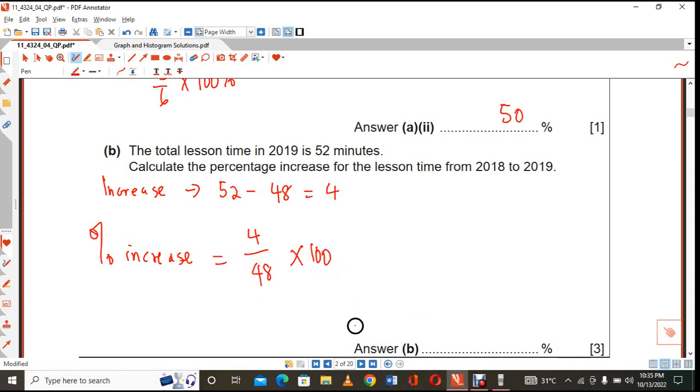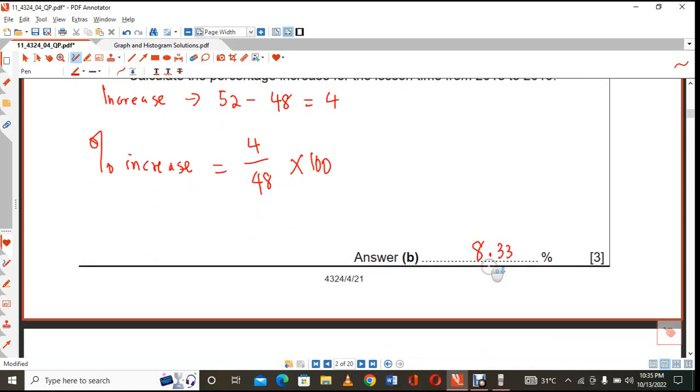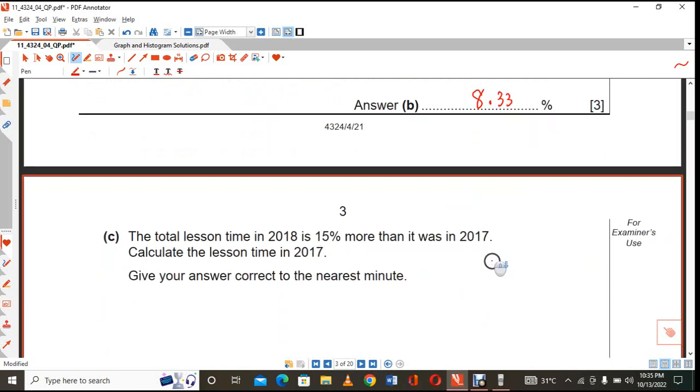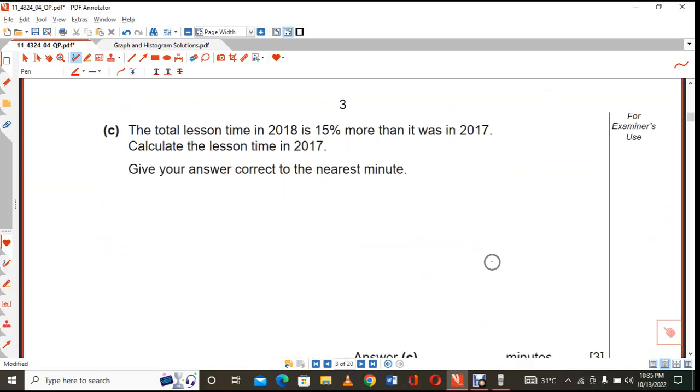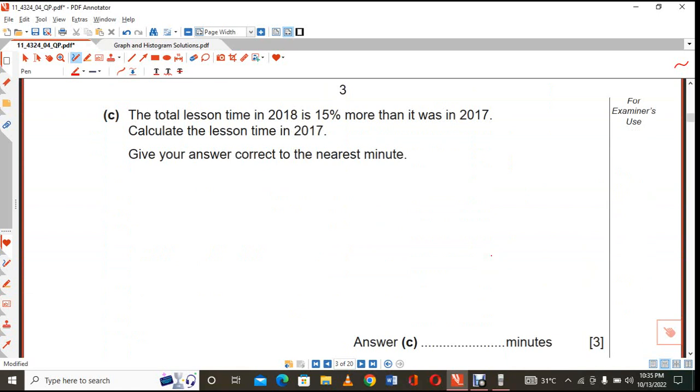Okay, so you're going to get a recurring decimal, 8.333 recurring. Of course, remember, the beginning of the question paper asks you to give your answers to 3 significant figures if they are not exact.